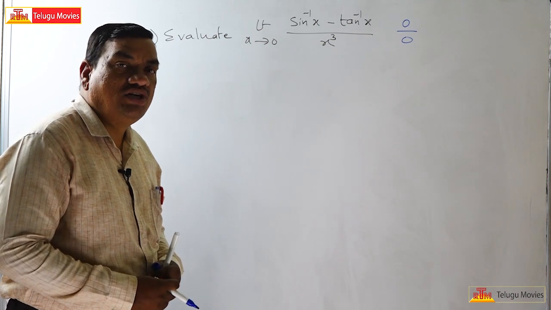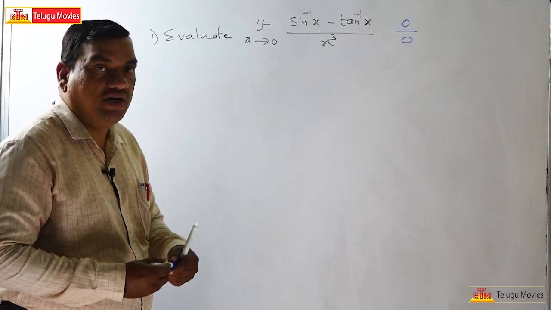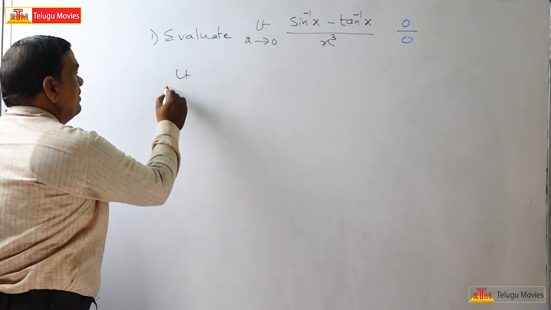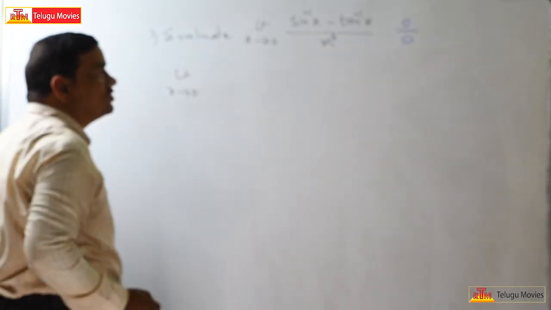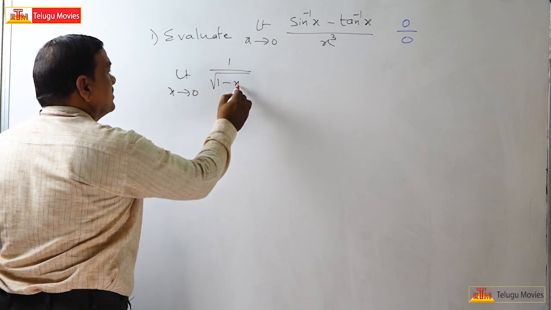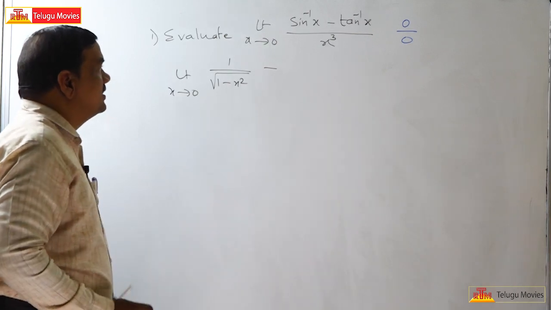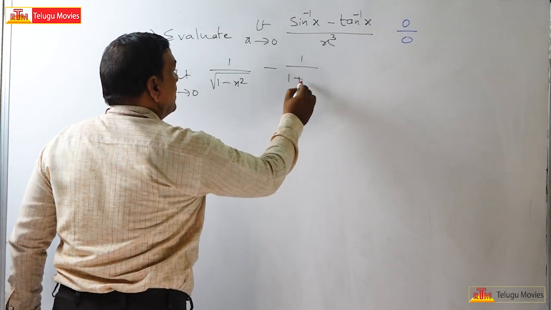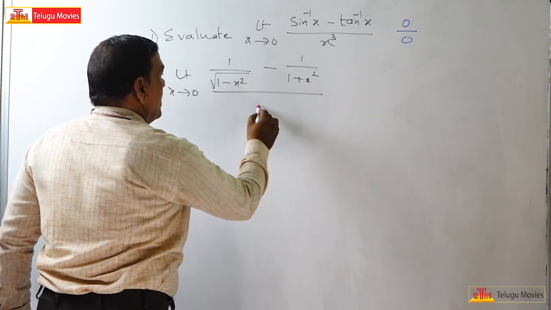Differentiate the numerator and the denominator with respect to x. Limit as x tends to 0, the derivative of sin inverse of x is 1 by root over 1 minus x square, minus the derivative of tan inverse of x, which is 1 by 1 plus x square, all over x cube.